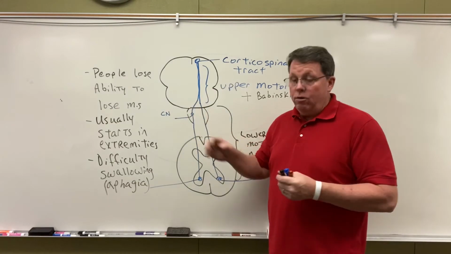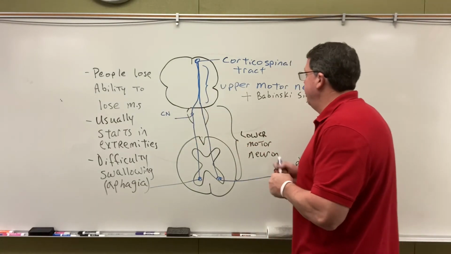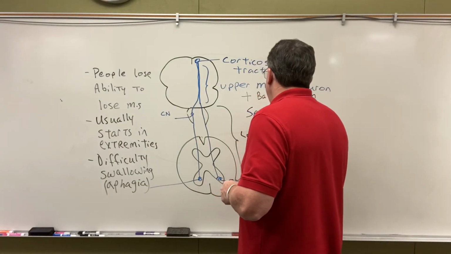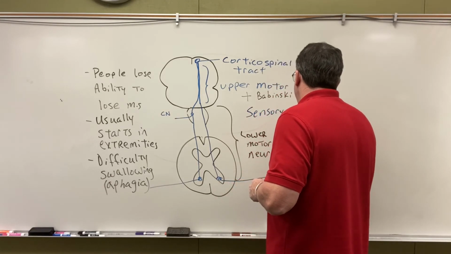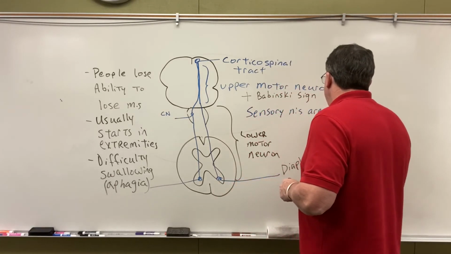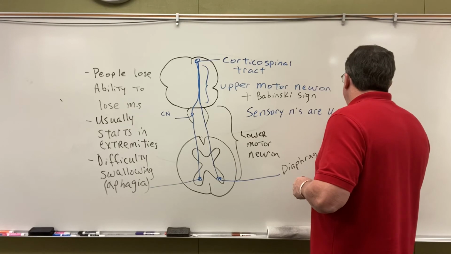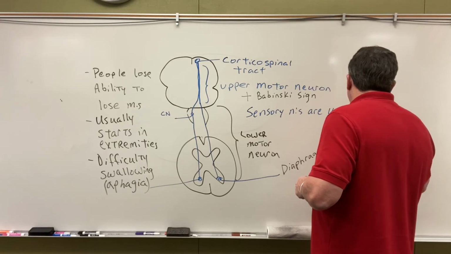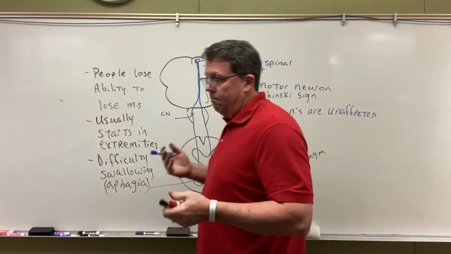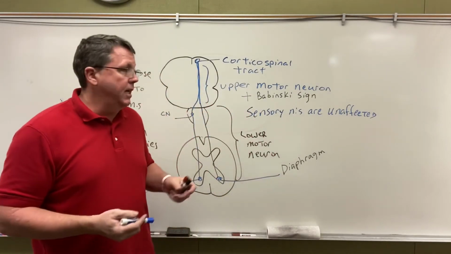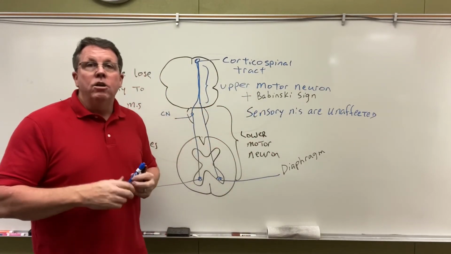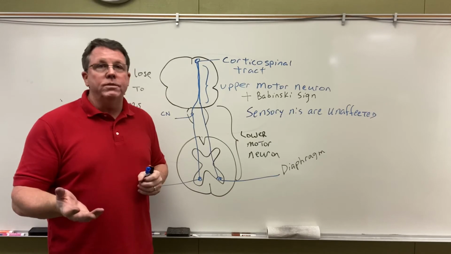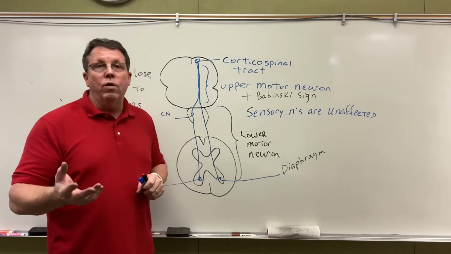The sensory nerves are unaffected. And because they're unaffected, the person can still do most things besides walk and things such as that. Usually cognitively, there's no problems there. So the person's aware of what's going on.